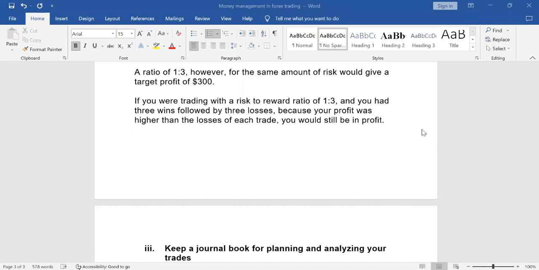The minimum risk reward that I normally take is 1:2. If I'm risking 50 pips, for example, my take profit must not be less than 100 pips. If I'm going to risk $100, my take profit must be what?